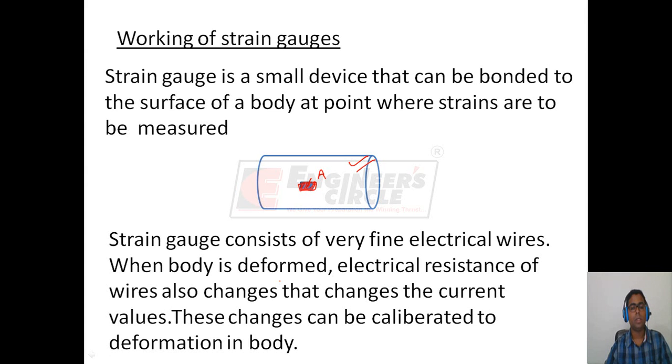The strain gauge consists of very fine electrical wires. When the body is deformed, that is, when the length of the body changes, the electrical resistance of the wires also changes. That changes the current values. These changes can be calibrated to deformation in the body. That is, by noting the changes in current, we can find the changes in the length of the body.